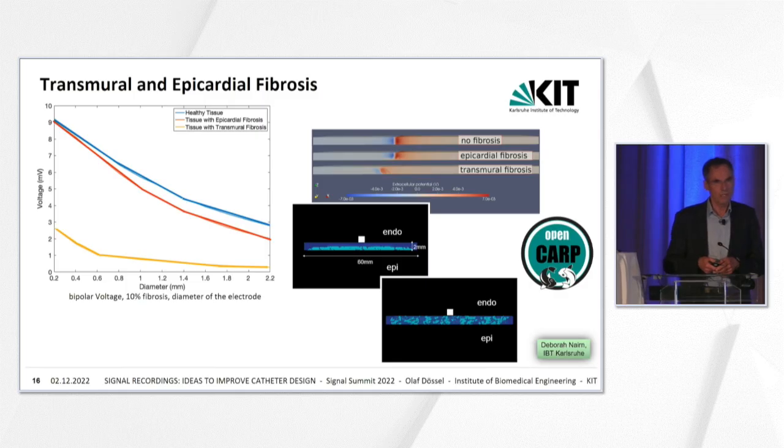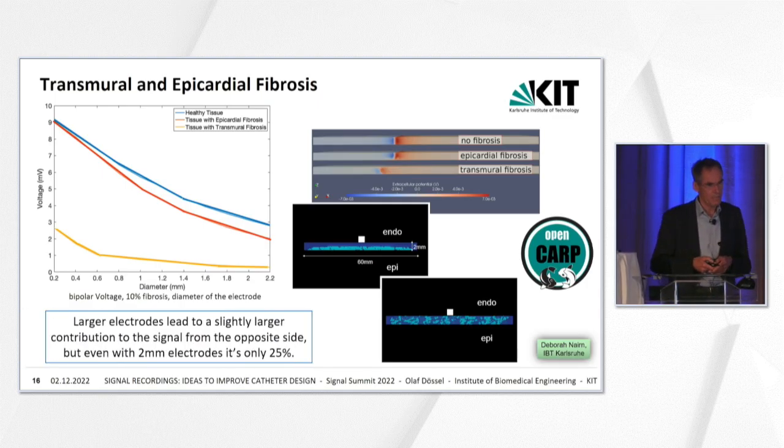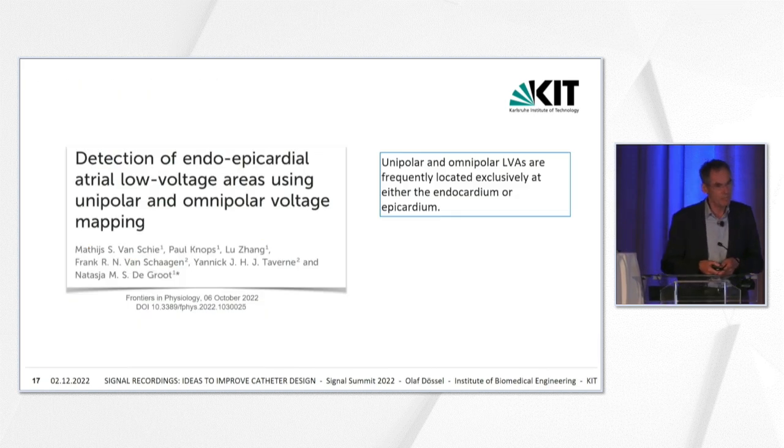You heard the rumor that you can see to the other side if you increase the size of the electrode. It helps a little bit, but not really. So this means we are a little bit blind, let's say, about what happens on the other side of the electrode. This reminds me of a publication that we have here in October 2022 from Natasha, and Matthijs, I've heard, is also in the room, the first author.